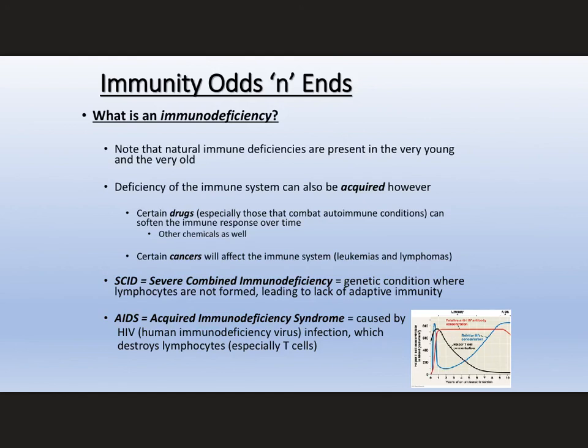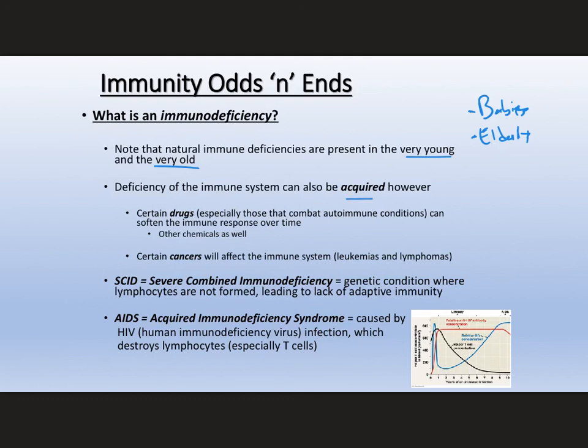But natural immunodeficiency is common in the very young and the very old, right? So again, right now we got to be careful with babies. We got to be careful with the elderly. Babies haven't had time to develop their adaptive immune system. In elderly people, the immune system just starts to not work as well, and so we have to be really careful around those people when we look at infectious diseases.